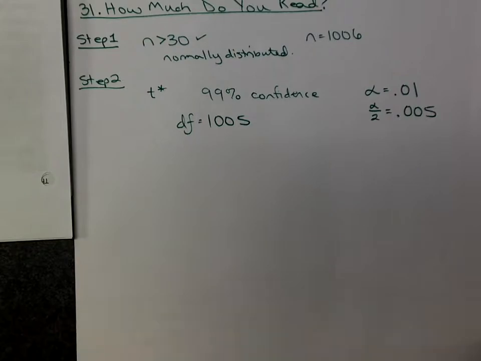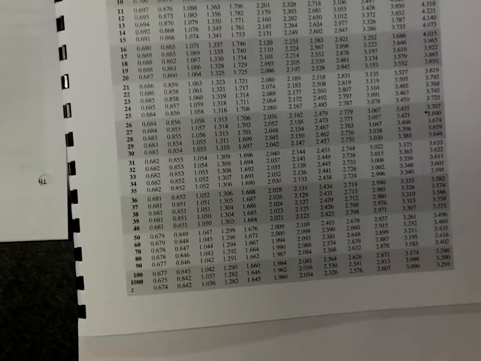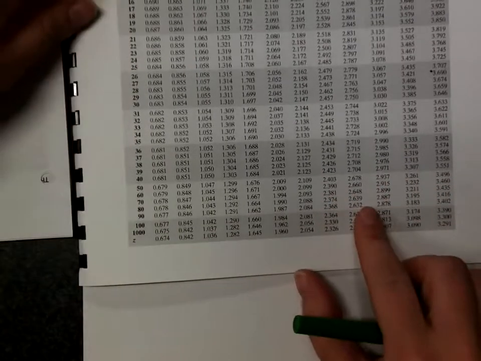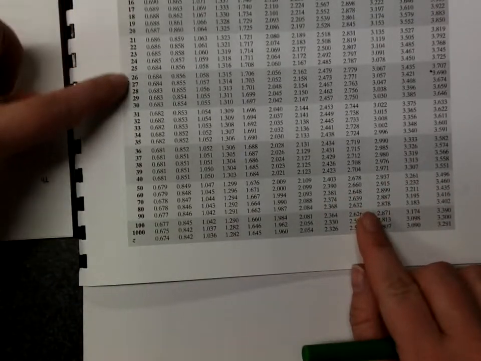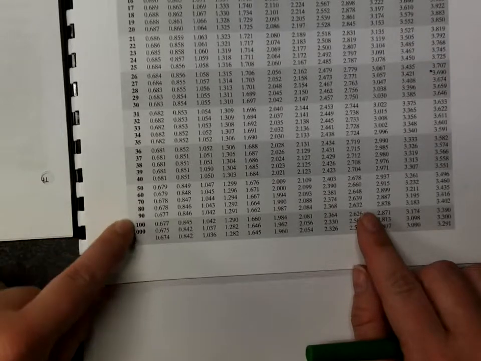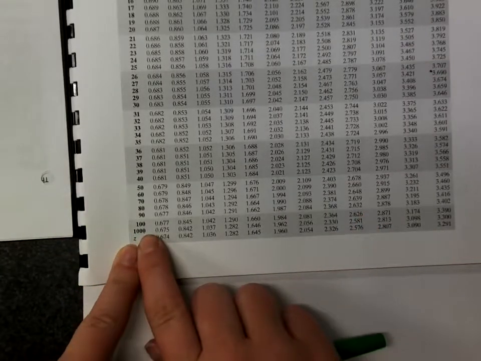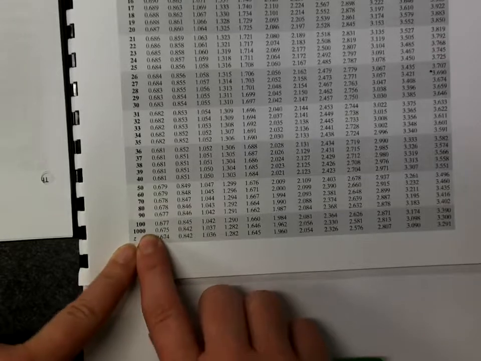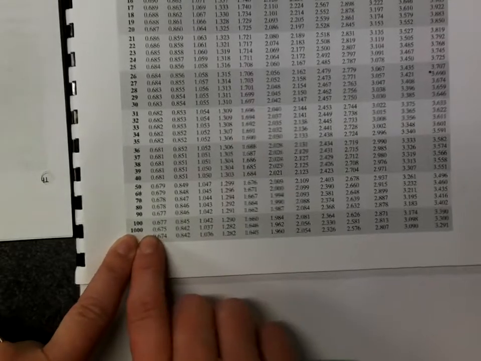So if I look in my chart, my degrees of freedom count by ones until 40, and then they start skipping. All the way at the bottom we have 1,000. That's as close as we're going to get to 1,005, and that's okay.